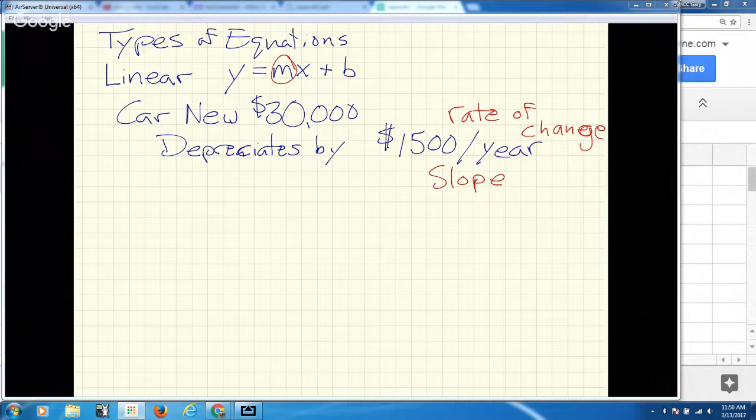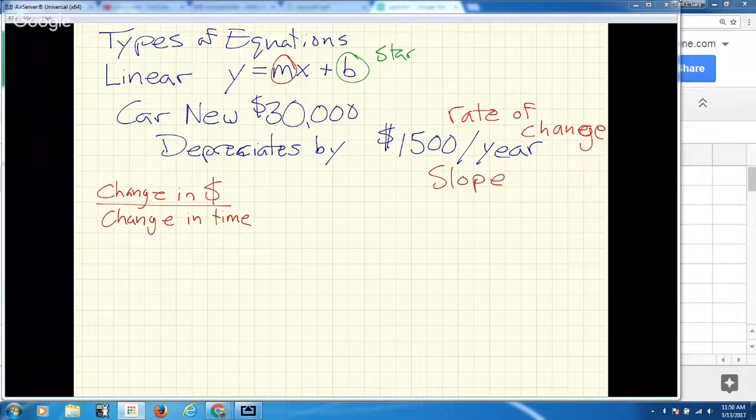So I have a change in dollar amount divided by a change in time. And the B always represents our starting amounts. And sometimes linear equations increase, sometimes like this one, they decrease.